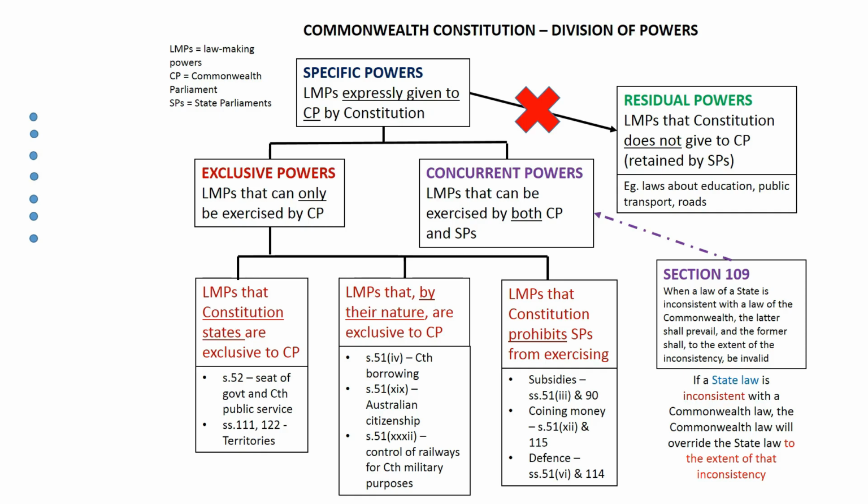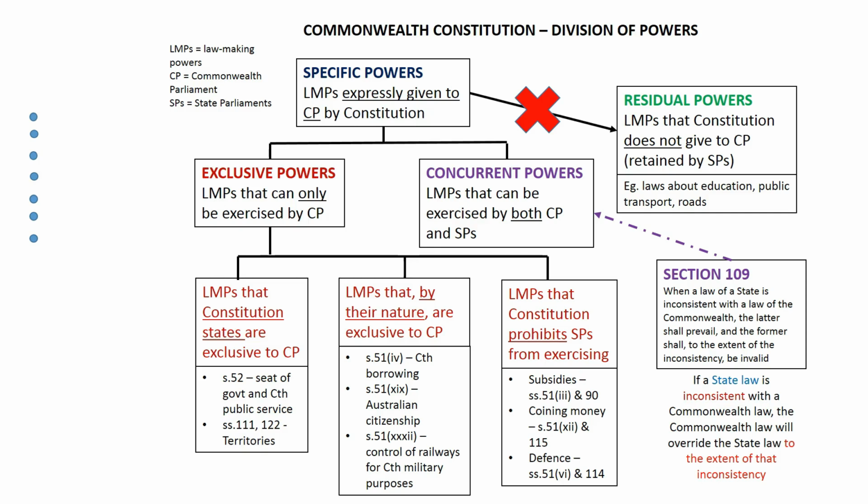The only type of power where there could be a conflict is where the law is made pursuant to the concurrent lawmaking powers, because these are lawmaking powers that can be exercised by both the Commonwealth Parliament and the state parliaments. So that's the importance of section 109.